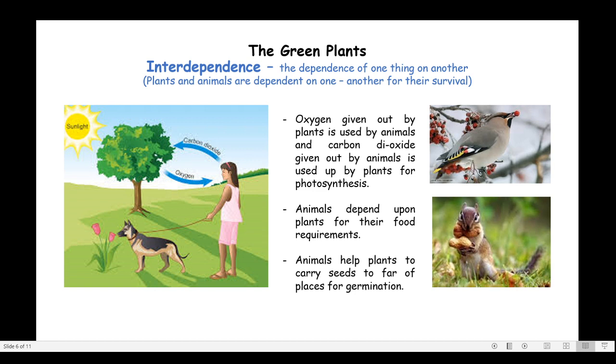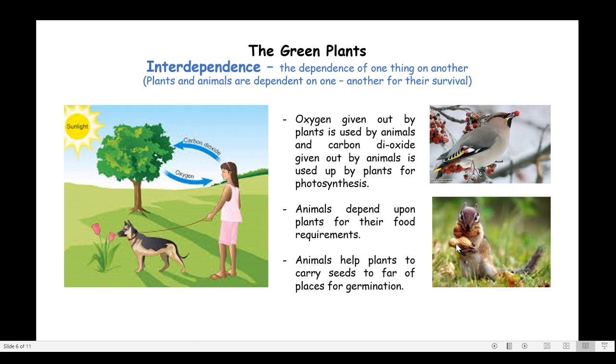So animals help in dispersal of seeds. They carry the seeds to other places, so that plants grow in different places. One particular plant is not growing in one particular place only.